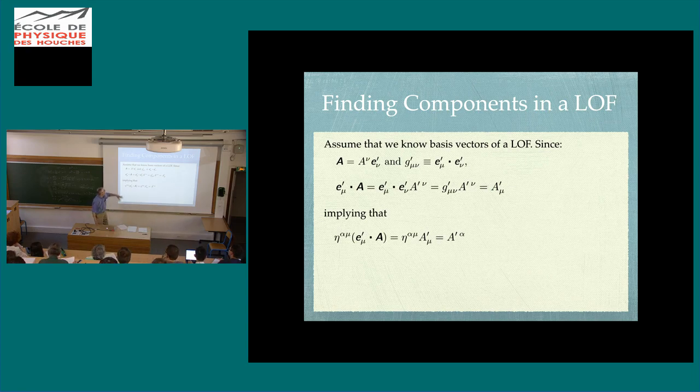Now, I could use the ordinary coordinate transformation rule if I knew how to map my coordinate system components onto a global coordinate system. But usually I don't know how to do that. I don't have expressions, but I can still do it. Let's assume that we know the basis vectors of a locally orthogonal frame, and I'm going to assume that that's the prime frame. Then I know that the components are this, and here's my metric.